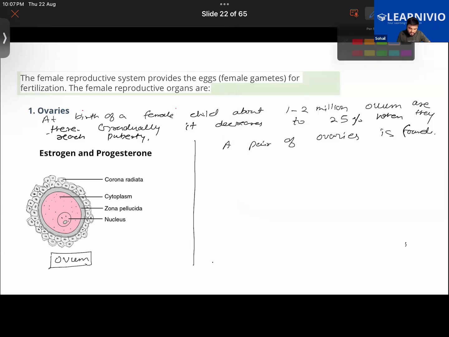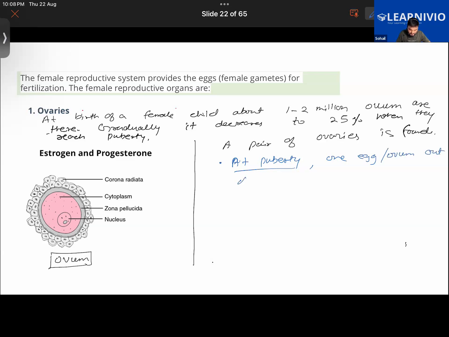Also, once they reach the age of puberty, at puberty, one egg or ovum out of any ovary is released every month.